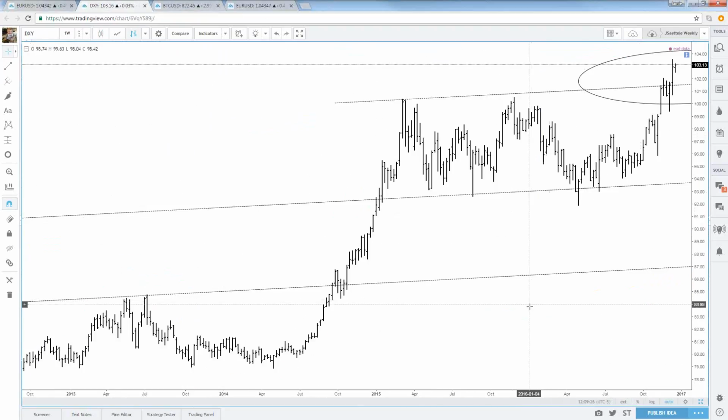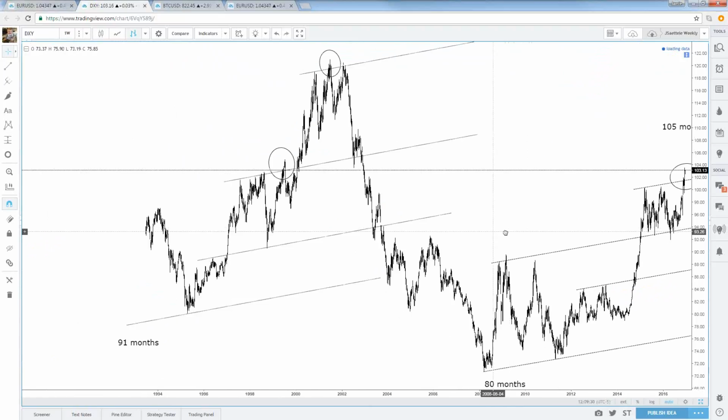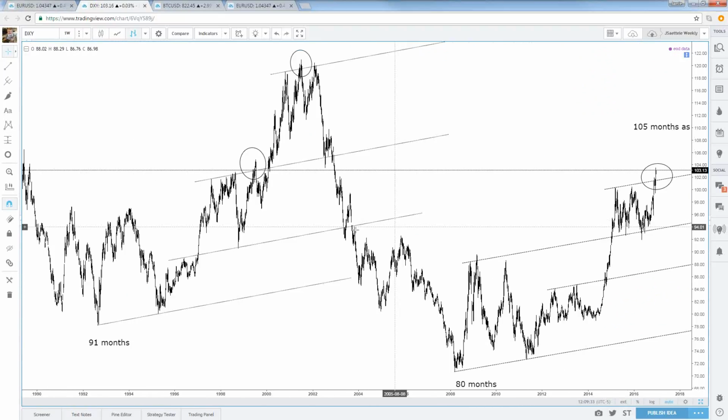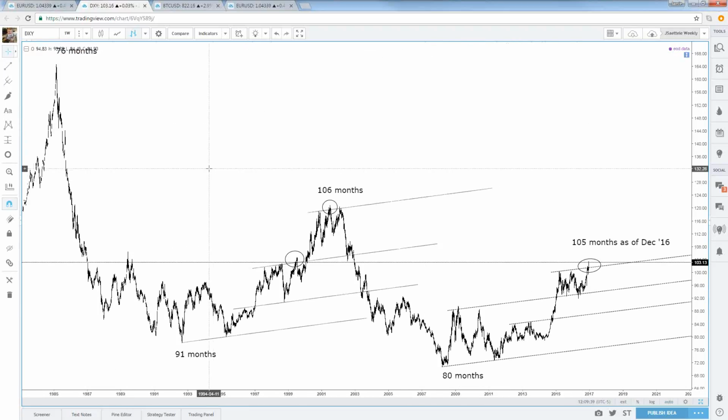So here's my thing with DXY. It's pretty obvious to anybody that pays any attention to the markets, especially from a sentiment perspective, that we are in full-blown bubble euphoria mode, and it's dangerous on either side at this point, right?